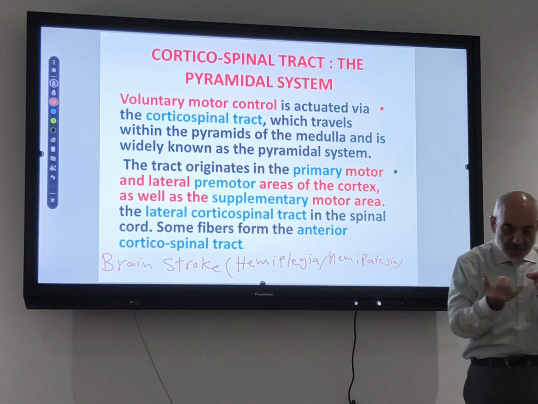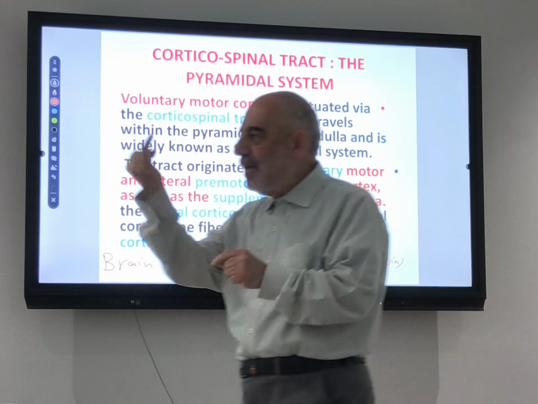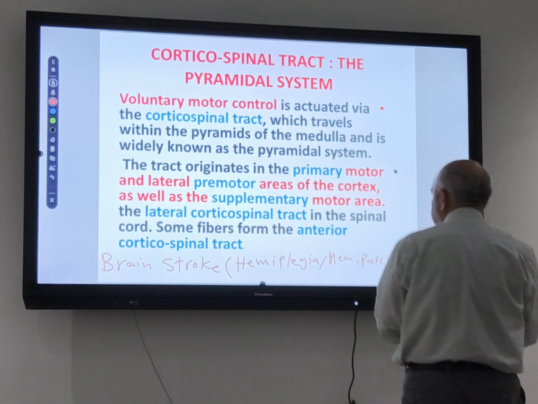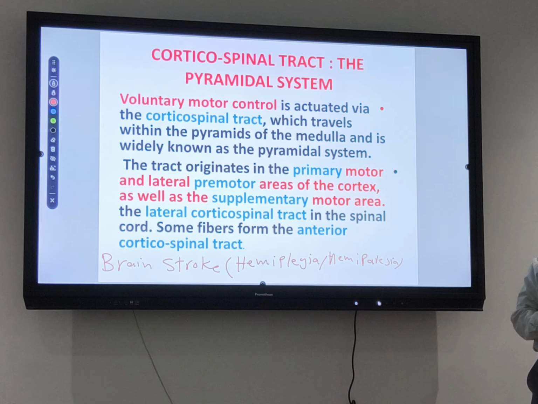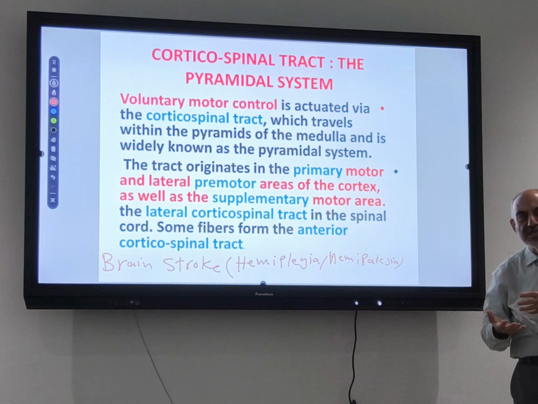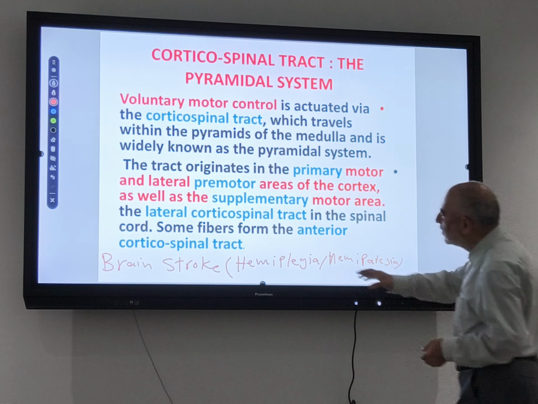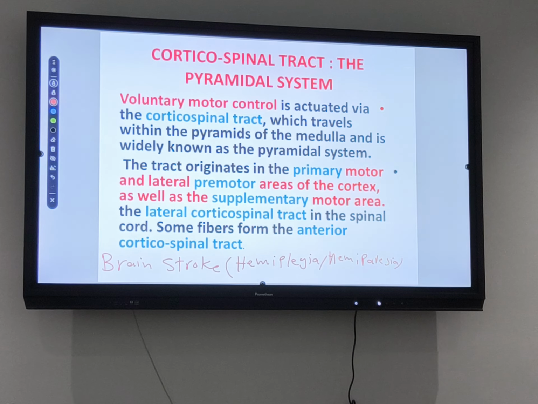As I told you, the premotor area is M2, and the primary motor cortex is M1. It's very important. I will show you the lateral corticospinal tract in the spinal cord in the next session, after tomorrow.